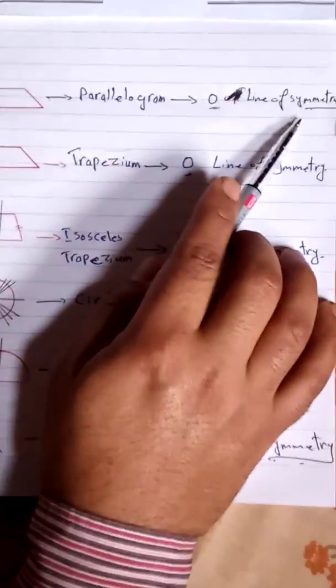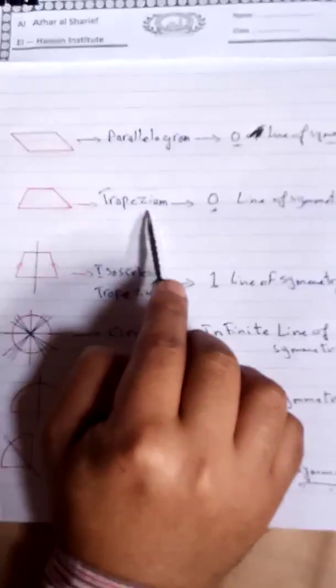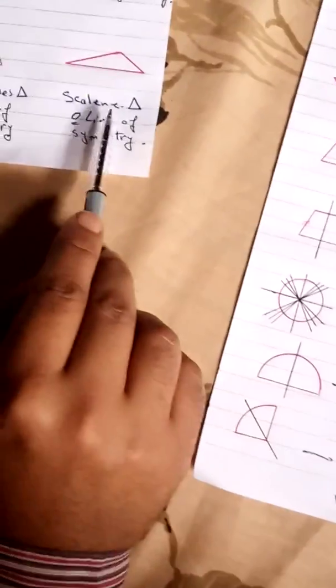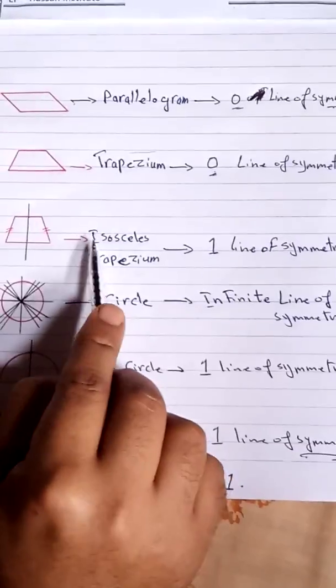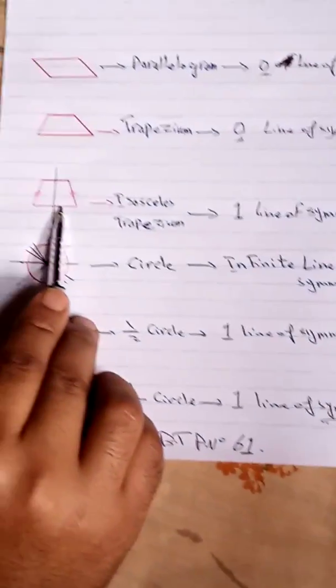Parallelogram has 0 lines of symmetry, like the scalene triangle. Trapezium has 0 lines of symmetry. So parallelogram, trapezium and scalene triangle have 0 lines of symmetry. Isosceles trapezium: do you remember the isosceles triangle has one? The isosceles trapezium also has one line of symmetry.